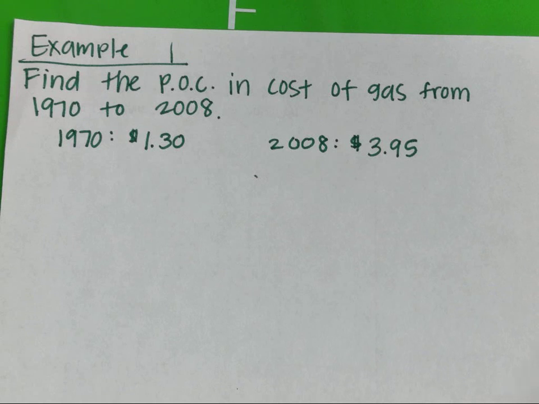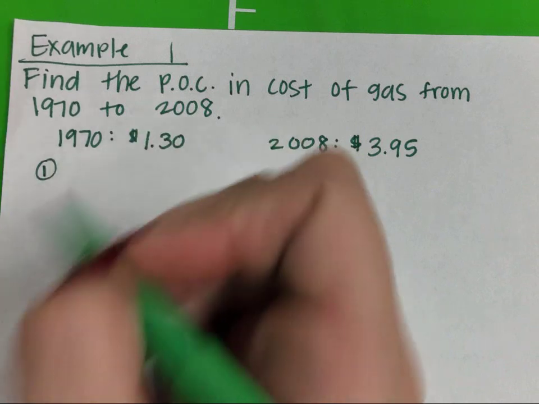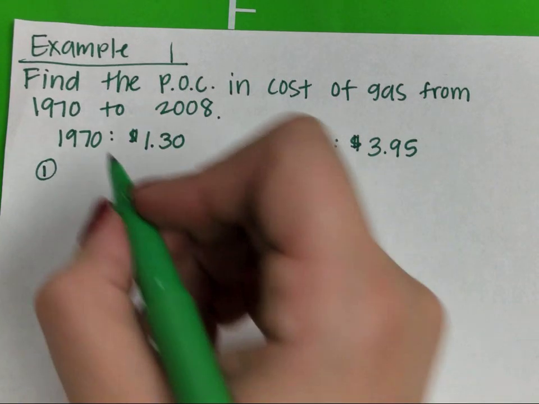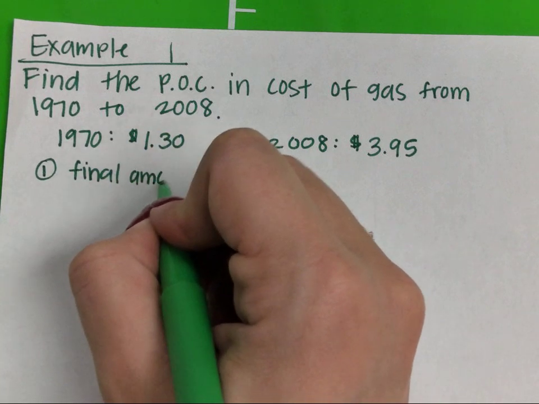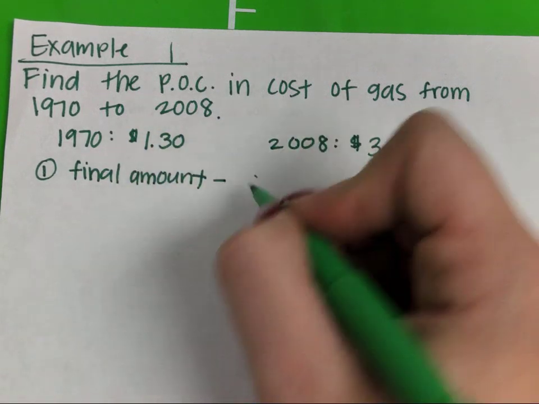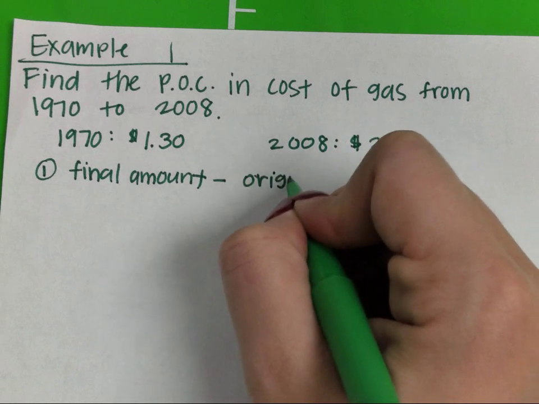Alright, so if you remember, we needed to find the amount of change over the original amount, okay? So in order to find the amount of change, it's the final amount minus the original amount.